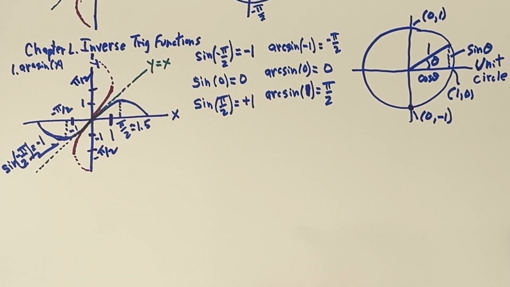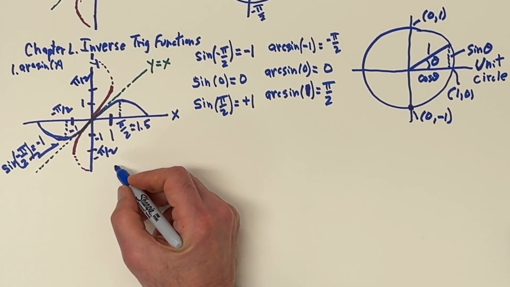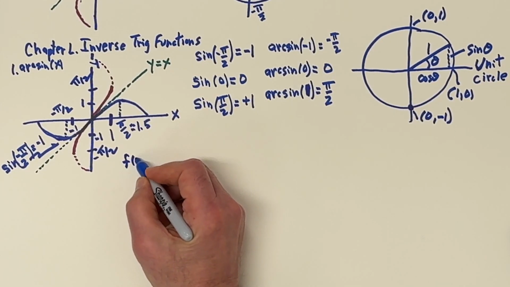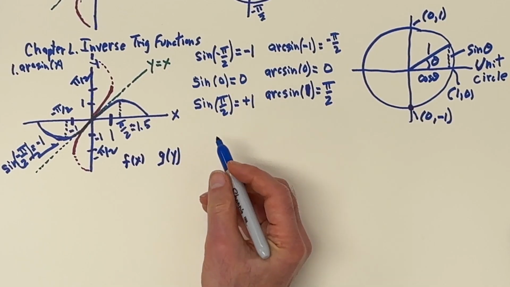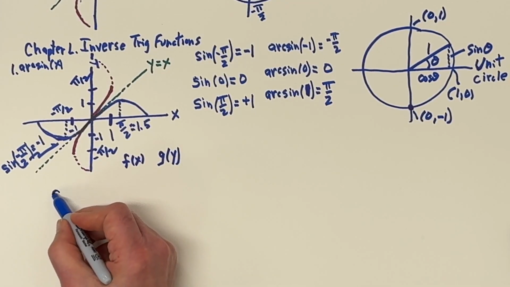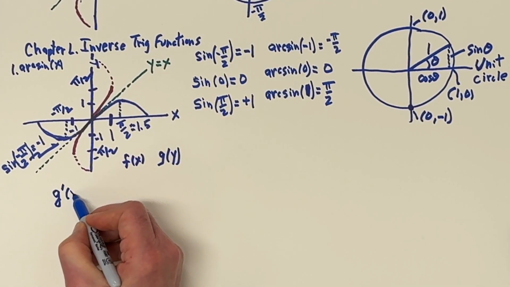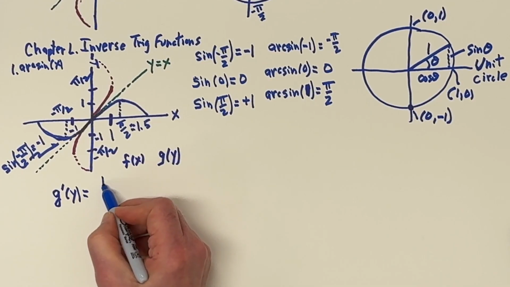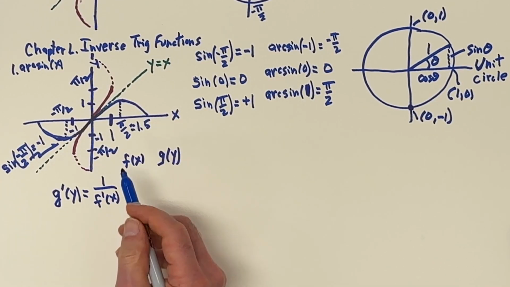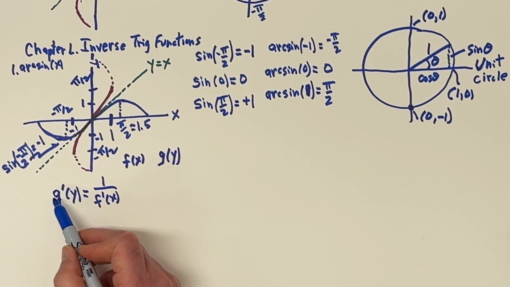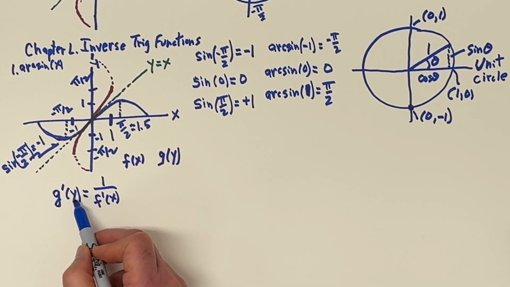Now it's not to scale, but you get the idea. Okay, so what we would like to do is take the derivative, and now we're going to use our magic formula that we derived earlier, that if f of x is the function and g of y is the inverse function, then we have this formula. The derivative of the inverse function is 1 over the derivative of the function. So we have that prime. That means to take the derivative with respect to whatever the argument is.